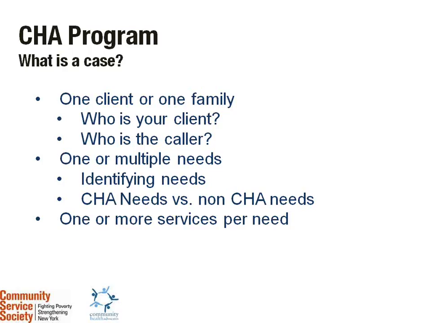So you want to find out who's the client, the person who has the issue, and who's the caller. Could be the client themselves, could be someone else. Identify one or multiple needs, and identify CHA versus non-CHA needs. Sometimes people have both. And then you're identifying all of the services that they need. It could be multiple things.